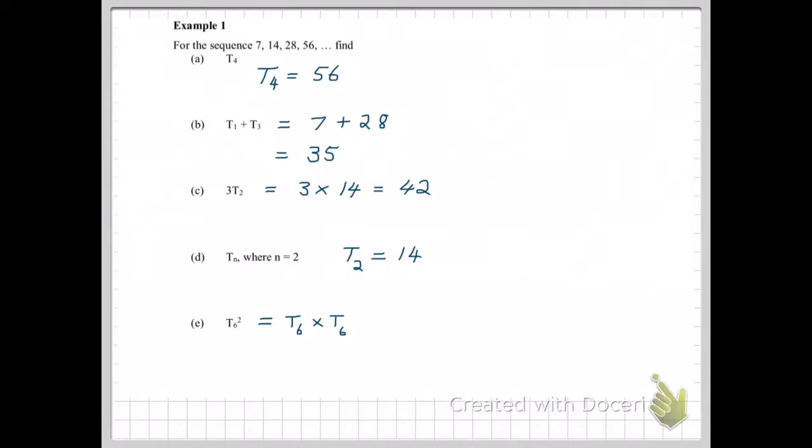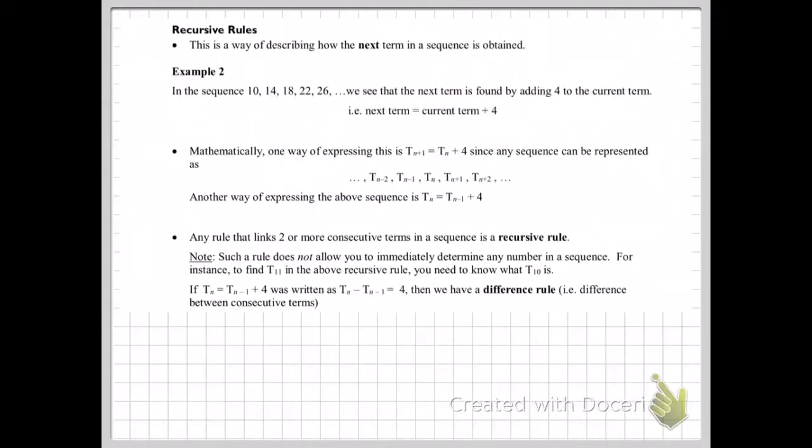We only have up to the 4th term listed, so we need to double 56, and we need to double that again to find the 6th term, which is 224. So the answer is 224 squared, or 50,176.